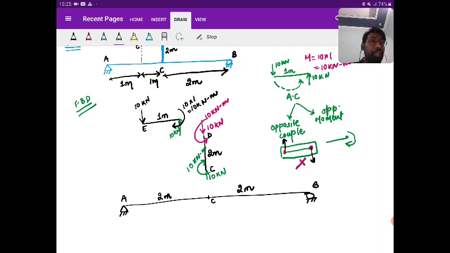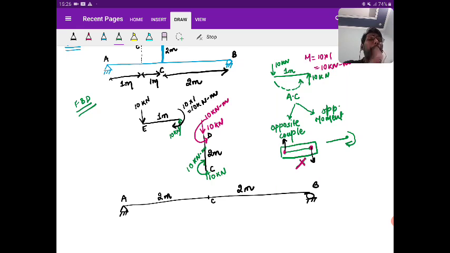Repeating once more what I am saying, that at D there is an anti-clockwise moment of 10 kilonewton meter. I told you that a moment can be balanced either by the couple or by the opposite moment. At C, I have applied the opposite moment of 10 kilonewton meter and not the couple with the forces at C and D. This is because if I apply the opposite couple forces, the D will get unbalanced, because of the force you can observe at D. So if D gets unbalanced, you need to balance the joint D, and if you balance the joint D, then you will see that the member ED is getting unbalanced.